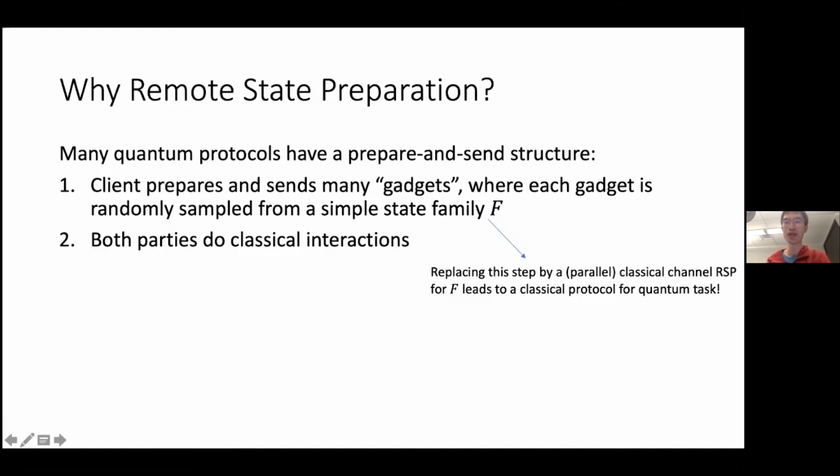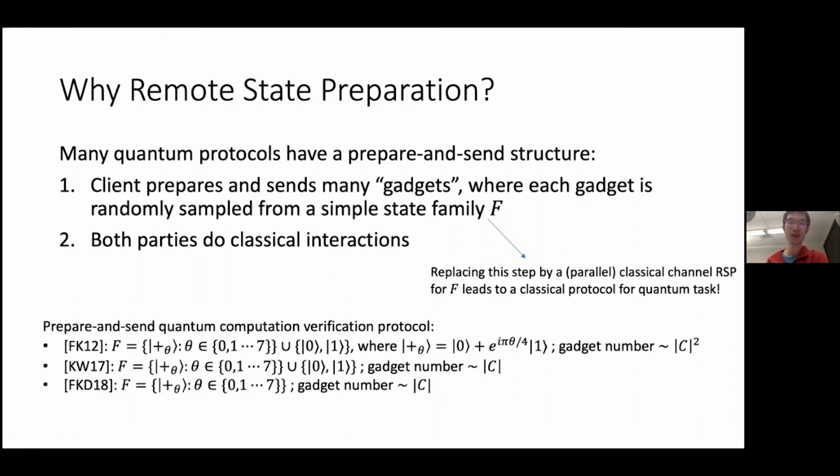And this will lead to a classical channel protocol for the whole quantum task, which achieves approximately the same functionality. And this means we get a compiler that compiles a quantum protocol to a classical channel protocol, which will be very useful.